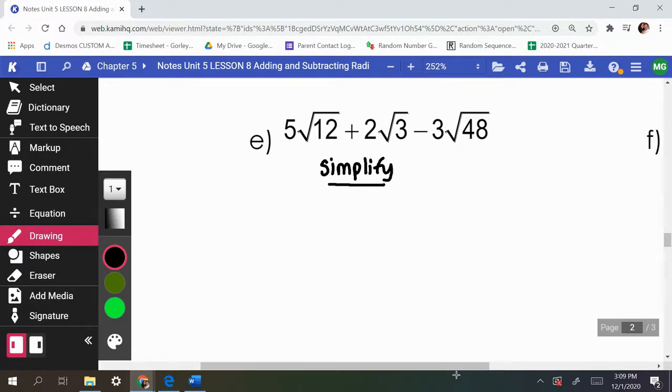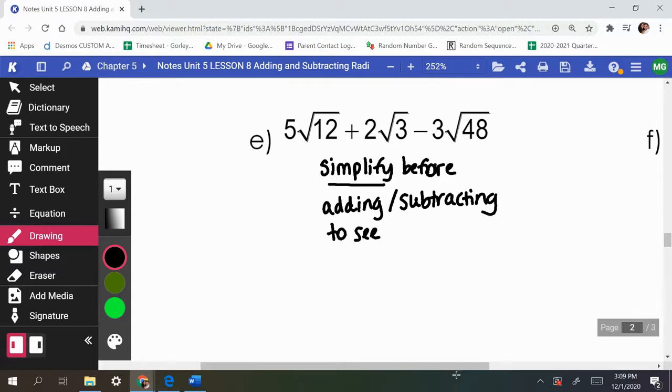Simplify before adding or subtracting to see if you get any like radicals. Okay, so let's go ahead and do that.